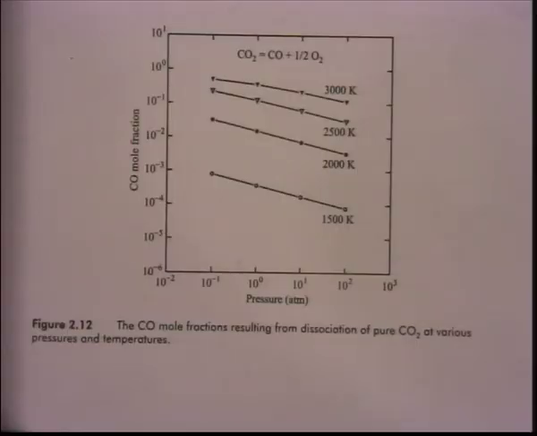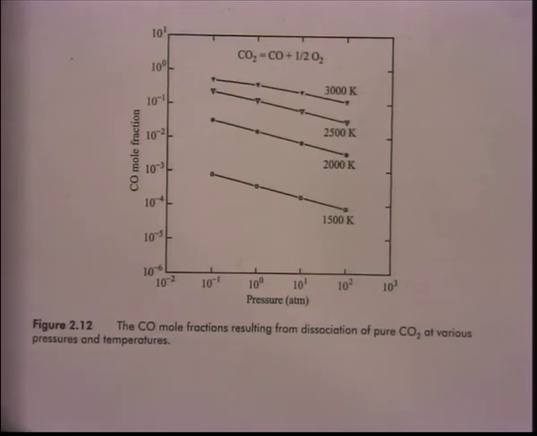If you go to higher temperatures, CO mole fraction is increasing. So, that means there is more dissociation. Dissociation must be endothermic, that is CO2 breaking into CO plus half O2 must be endothermic, because CO plus half O2 giving you CO2 is exothermic. Correct? So, we understand this now better.